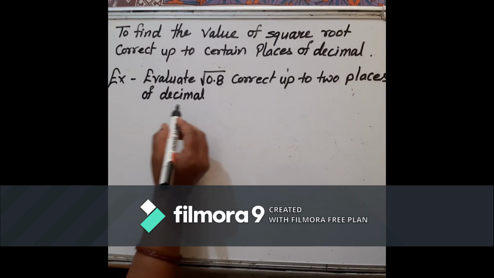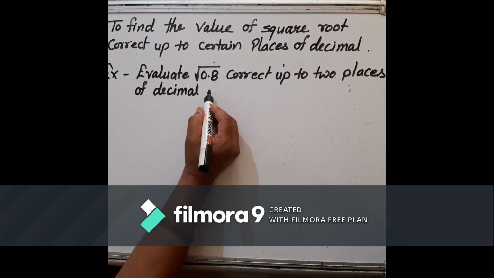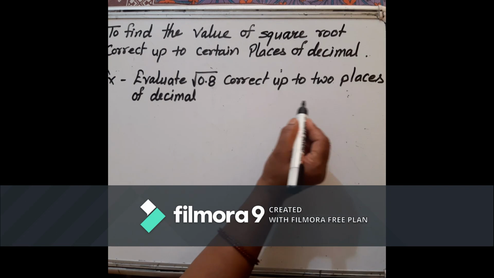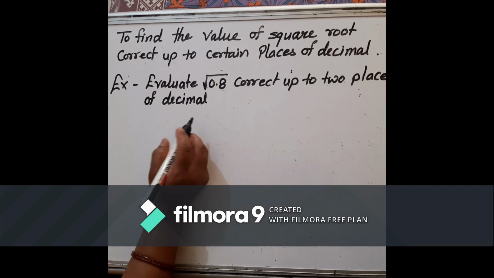Next example: evaluate the square root of 0.8 correct up to 2 places of decimal.